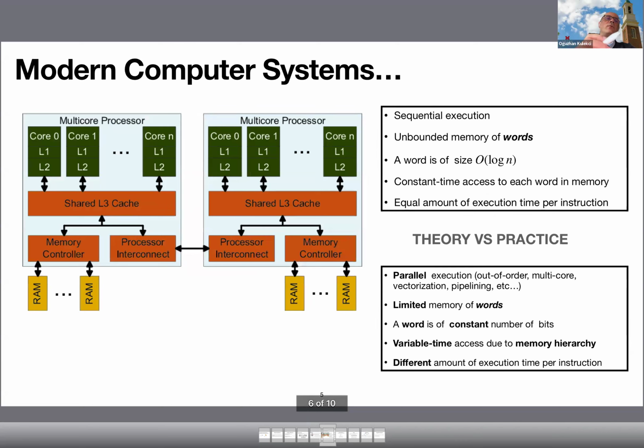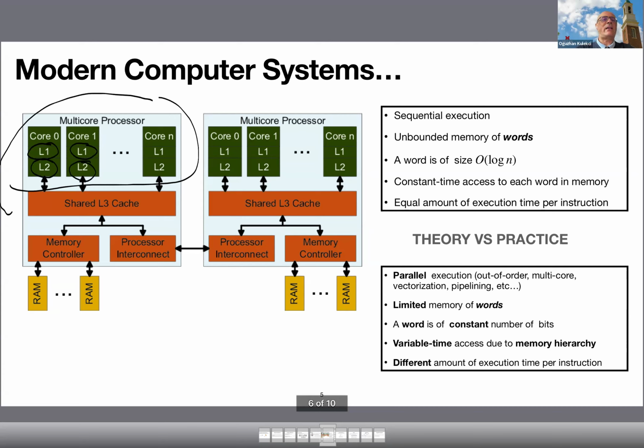Okay, so first of all, instead of a single core, we have multi-core processors. This is the CPU, and you see in this CPU, we have multiple cores. Okay? And we can even have multiple processors as well. Okay, so each core has its own arithmetic logic unit, and it has some levels of memory.